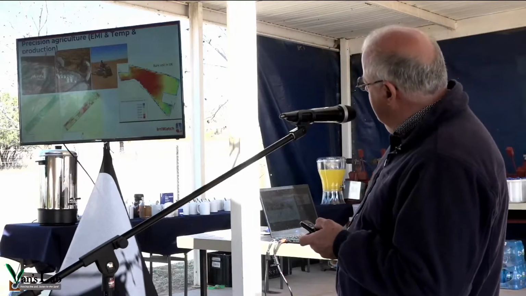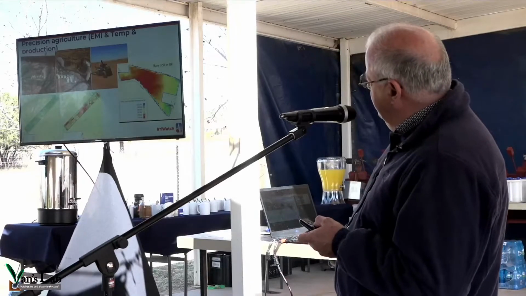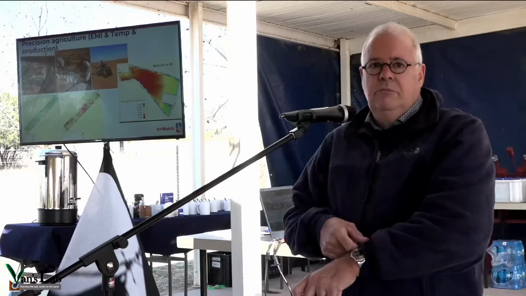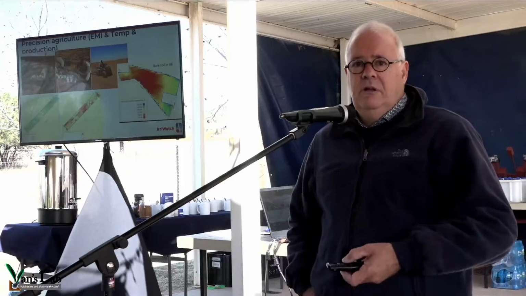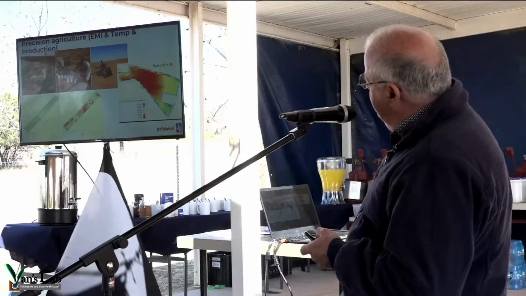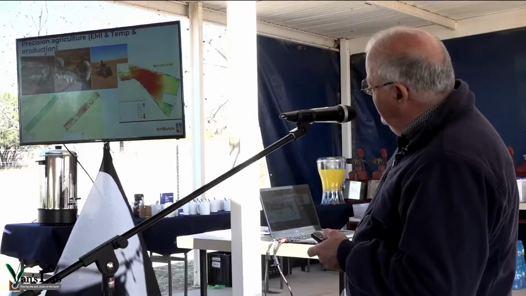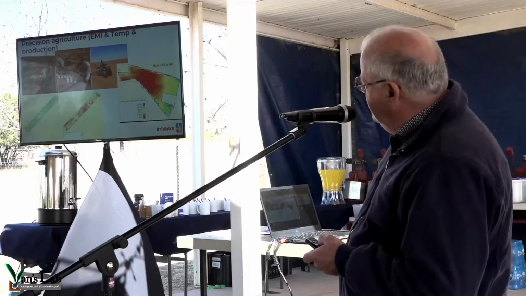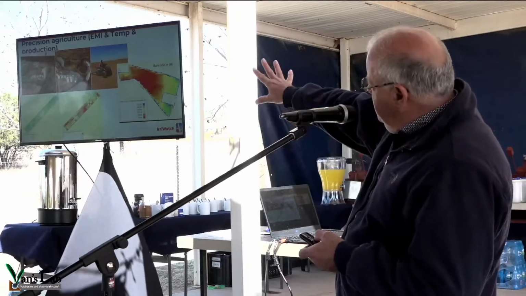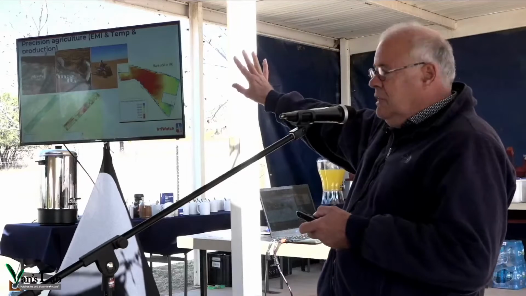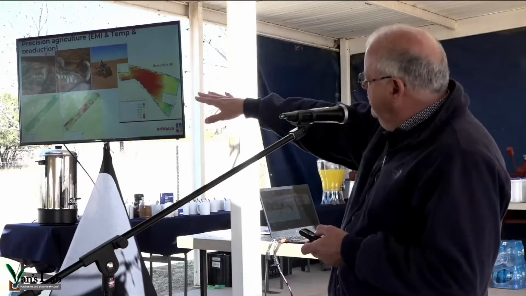Okay, a few more. Unless my time is over, can I still have 5 or 10 minutes? So here is also a very nice integration of the AMI and then the temperature and then the production. Roelof spoke about the electromagnetic sensor, the EM38, and that is there.